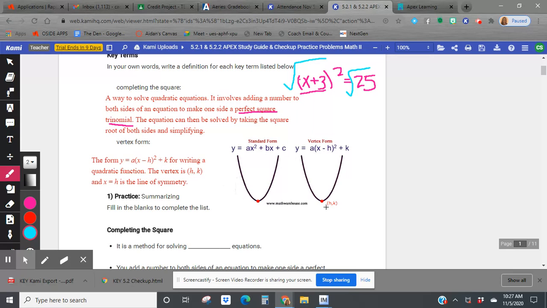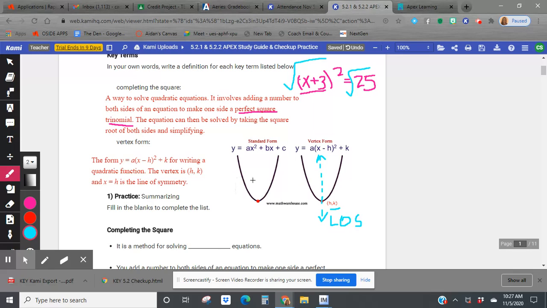The vertex is (h, k), and x equals h is the line of symmetry. So imagine a straight line drawn directly through the vertex on each of these, and that's your line of symmetry. We abbreviate it as LOS. It's the line that cuts your parabola exactly in half.